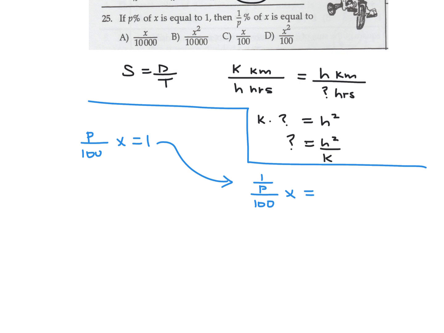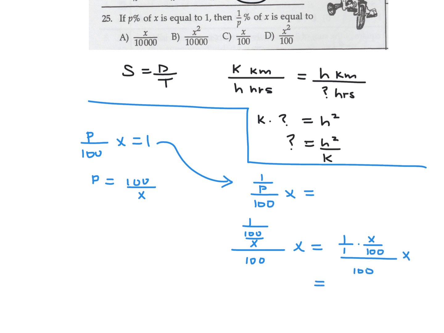Let me get this first in terms of p. So that's going to be p is equal to 100 over x. Correct? Yeah, 100 over x. So then substitute that in there. So that'd be 1 over 100 over x over 100 x. Oh, hold on here. Do this carefully here.